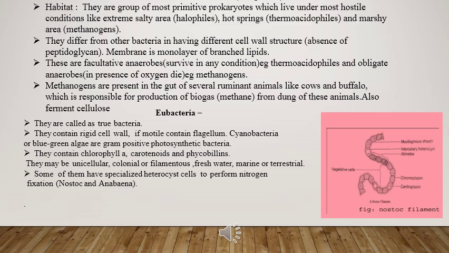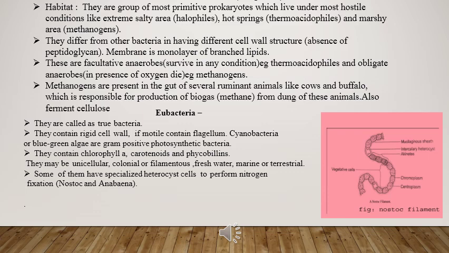I have told you earlier what gram-positive or negative means. Gram-positive shows red color in the presence of gram stain. These are photosynthetic because of the presence of chlorophylls. Other pigments present besides chlorophyll are carotenoids and phycobilins.